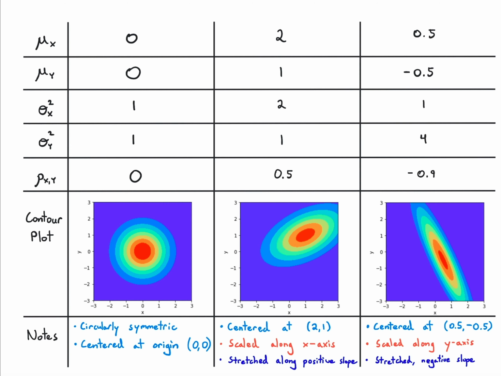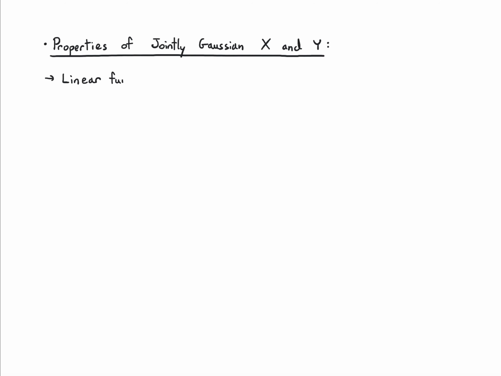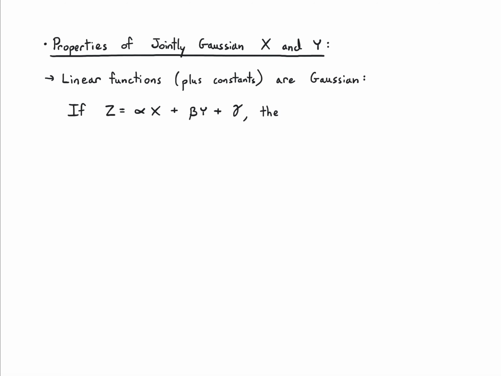Okay, let's talk about some properties of jointly Gaussian random variables x and y. The most important thing to keep in mind is that a linear function, maybe plus a constant, of x and y is going to be Gaussian. So if z is equal to alpha x plus beta y plus gamma, then z itself is Gaussian with mean mu z and variance sigma z squared. Mu z I just get by linearity of expectation.